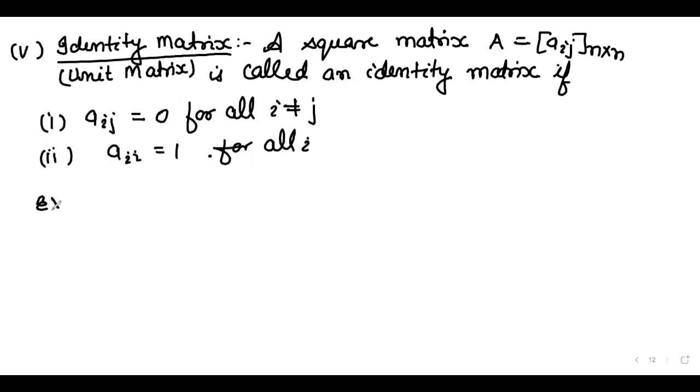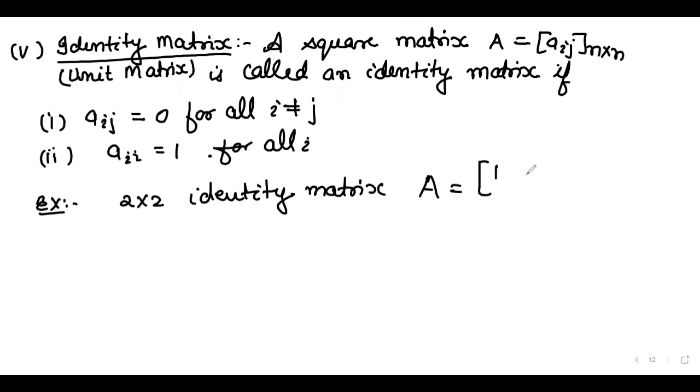So for example, I am writing this 2 by 2 order identity matrix or unit matrix as 1 0 0 1. We can represent it as I2 also. 2 is representing the row order.